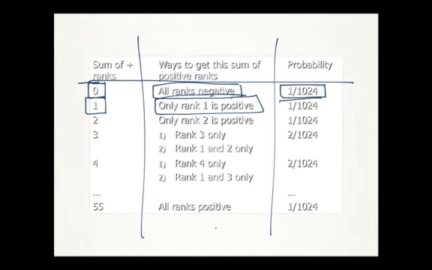This happens 1 out of 1,024 times, and so on. So we can write out all of these different probabilities for these different sum of positive ranks, and then use that to calculate the exact p-value. So we simply count the number of ways we could observe our situation or something more extreme, the definition of a p-value, and then we use that to get at the result that we're interested in.